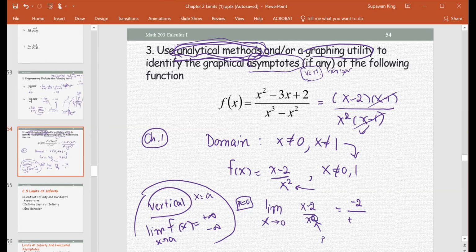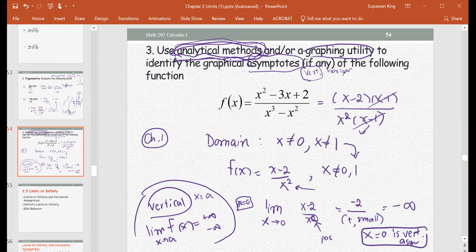X squared makes everything positive. And negative 2 divided by a small positive number is negative infinity. So this confirms that x equals 0 is your vertical asymptote.